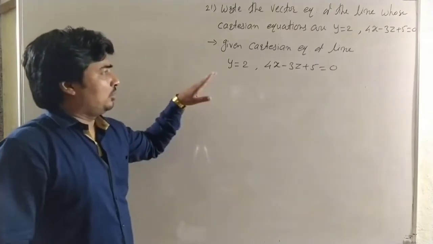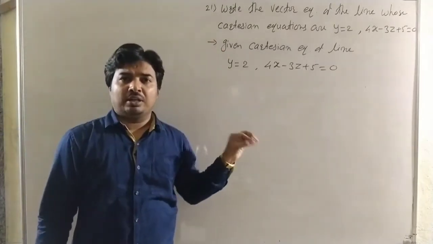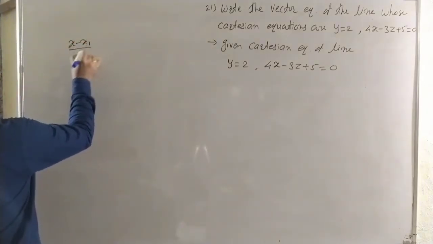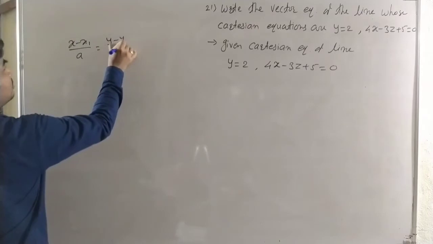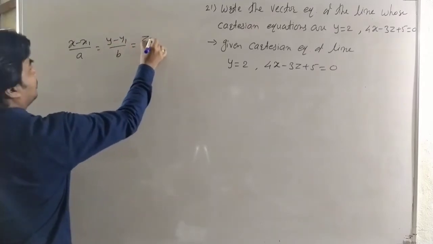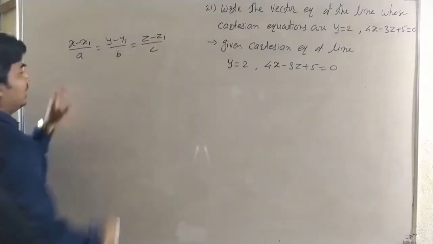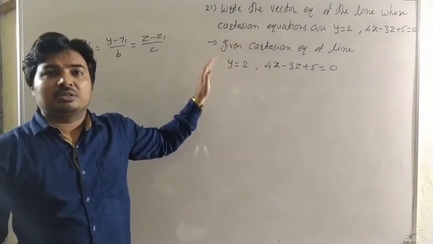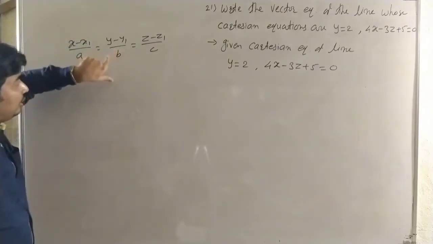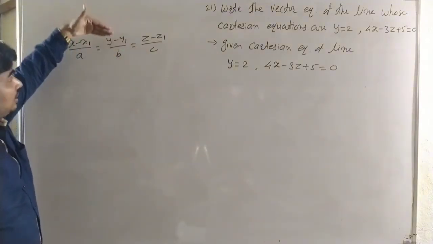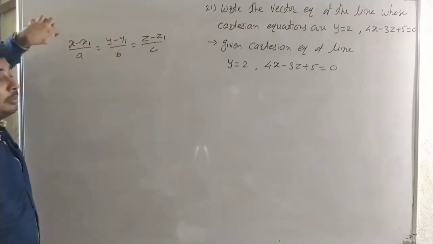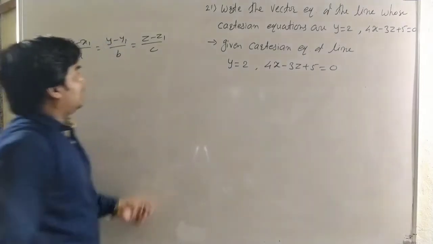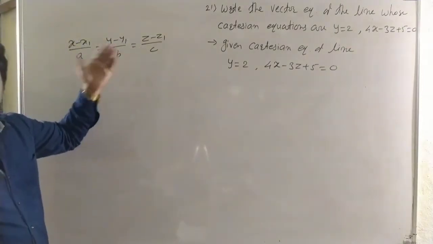Okay, here see carefully, we know that the Cartesian equation of line is x minus x1 upon a is equal to y minus y1 upon b is equal to z minus z1 upon c. Okay, here the y variable can be written separately, that means the direction ratio b is 0. Okay, that means y minus y1 upon 0, therefore y can be written separately. Okay, here this equation we can write in this form and then reduce it to vector form.